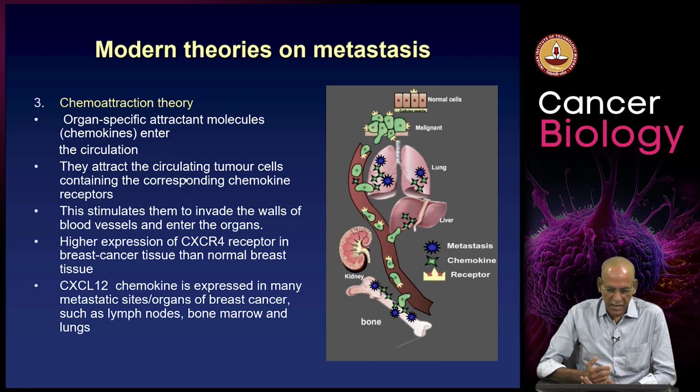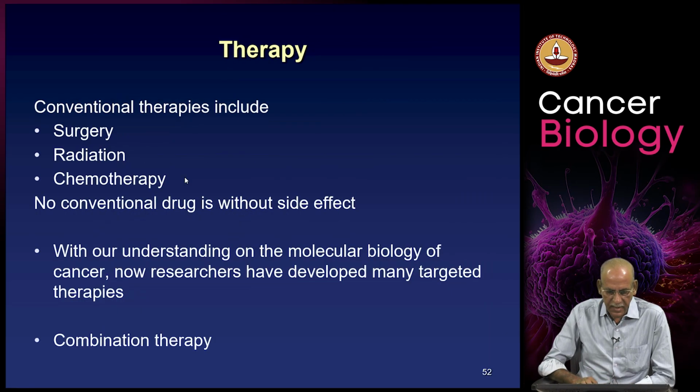It is expressed in many metastatic sites or organs of breast cancer, such as lymph nodes, bone marrow and lungs. So, it is because of this reason breast cancer spreads to these organs. That is the idea. So, this is one acceptable theory.